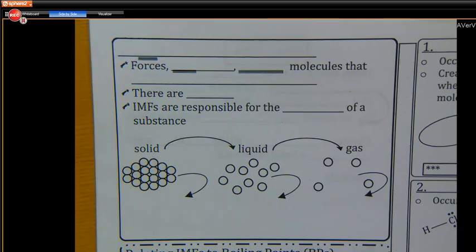And so that's what we refer to as intermolecular forces, or, as they are often referred to, IMFs.